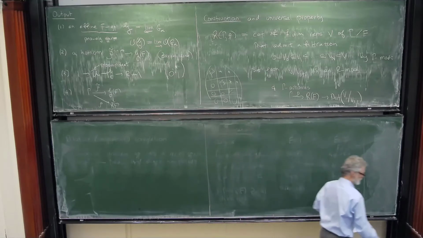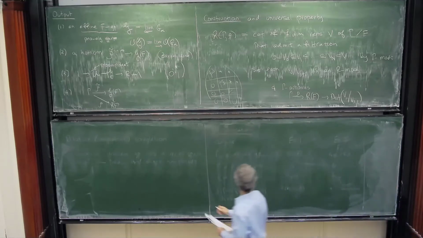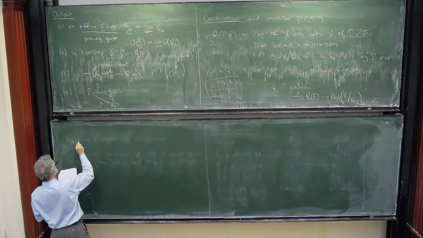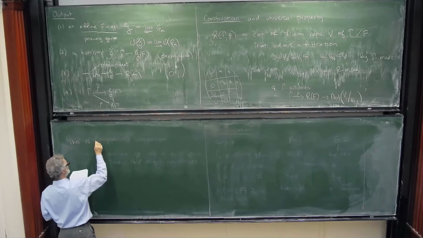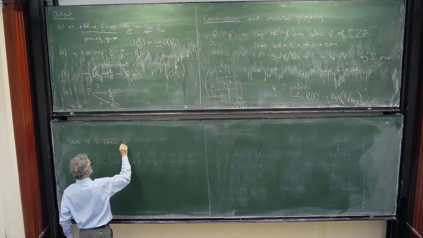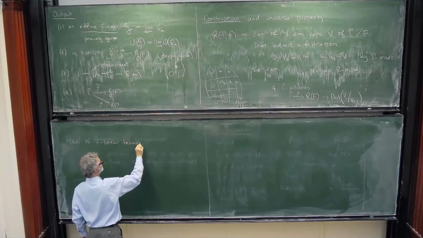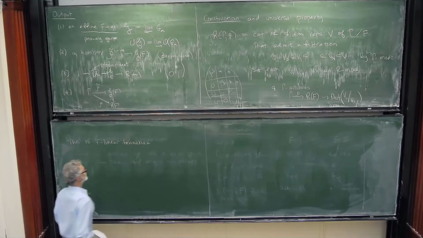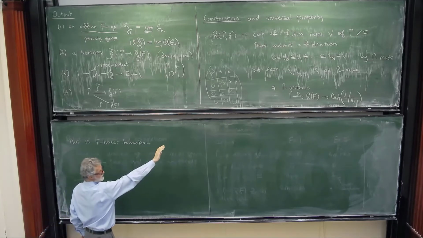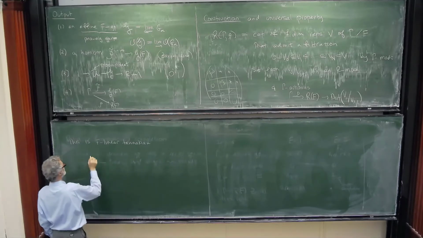This is Tannakian, so it's the category of representations of a group. So this is easily seen to be an F-linear Tannakian category, closed under tensor products and so on. And you have an obvious fiber functor to vector spaces.